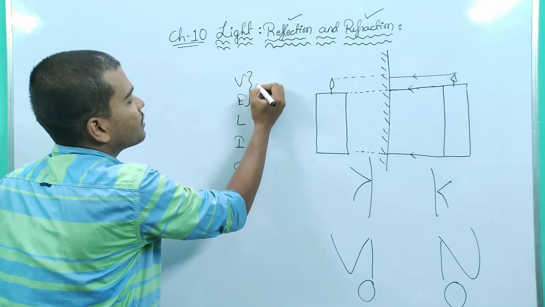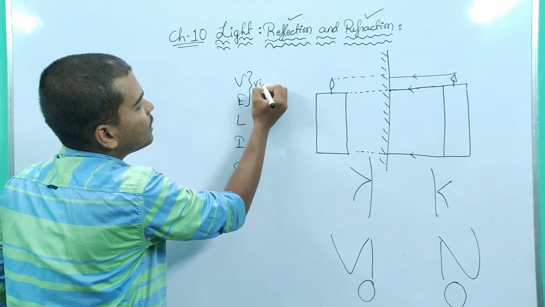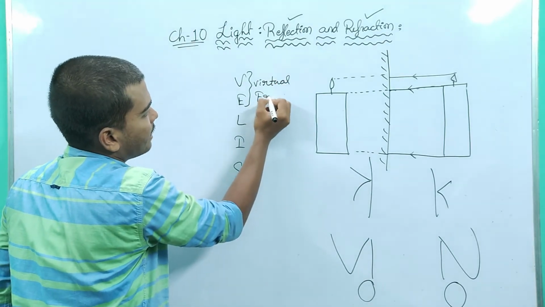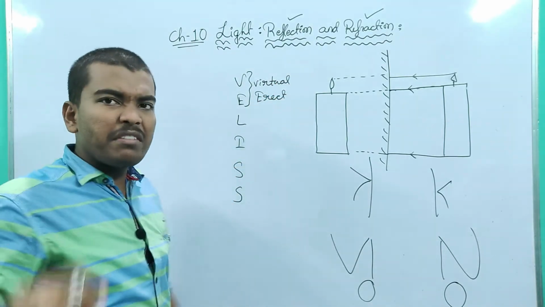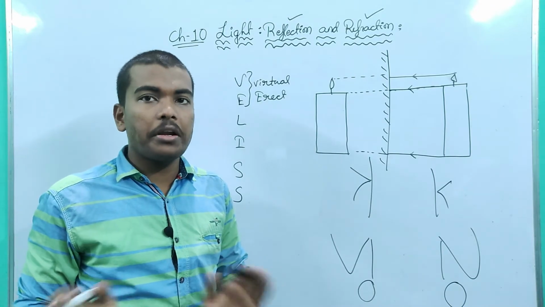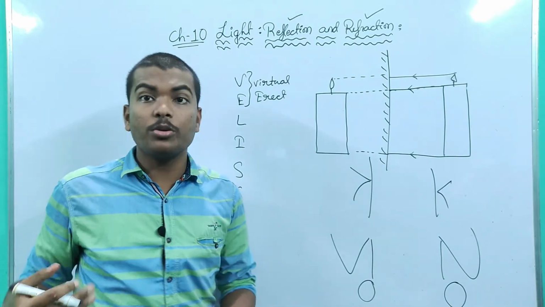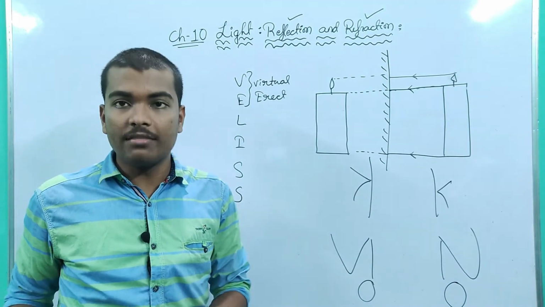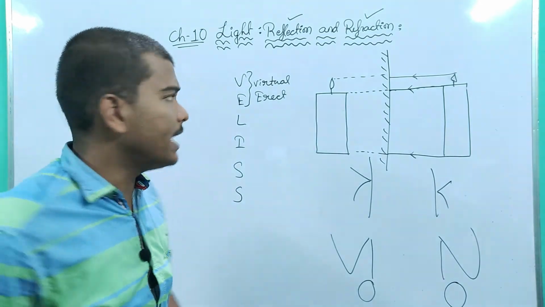VE stands for virtual image, and as it is virtual, it is erect. The relation between virtual and erect is something we are going to study later, how virtual always means erect and real always means inverted.